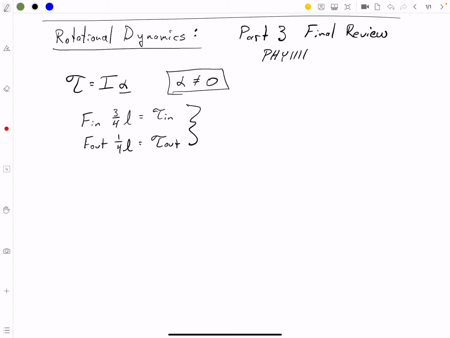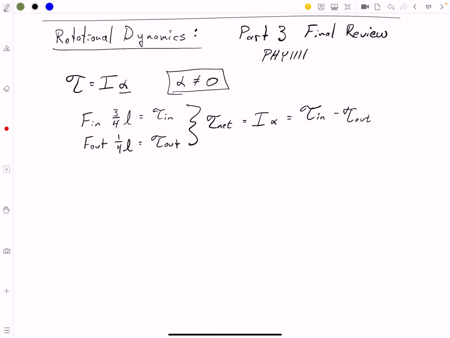So altogether, we've got our torque net, and that equals I alpha. In our case, that's our torque in minus torque out, because one's pointing one way and one's pointing the other way. Now, whether, it doesn't matter.